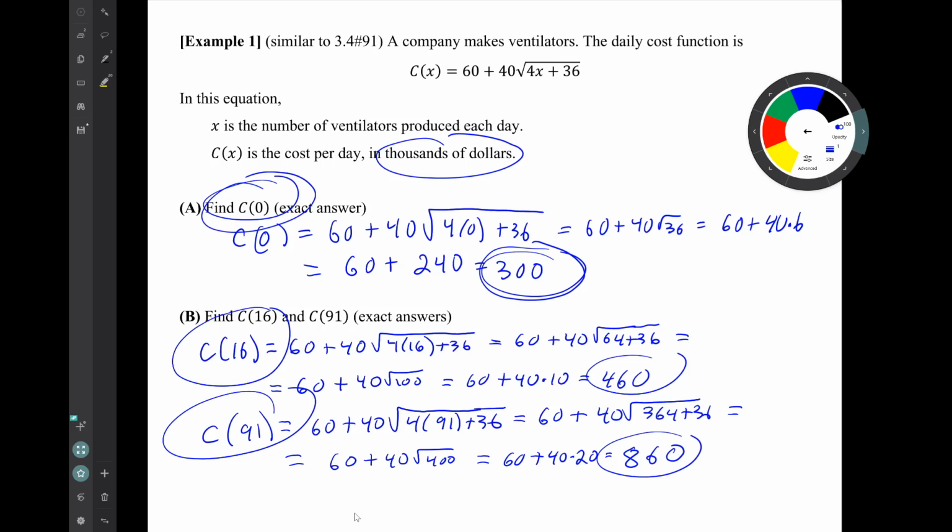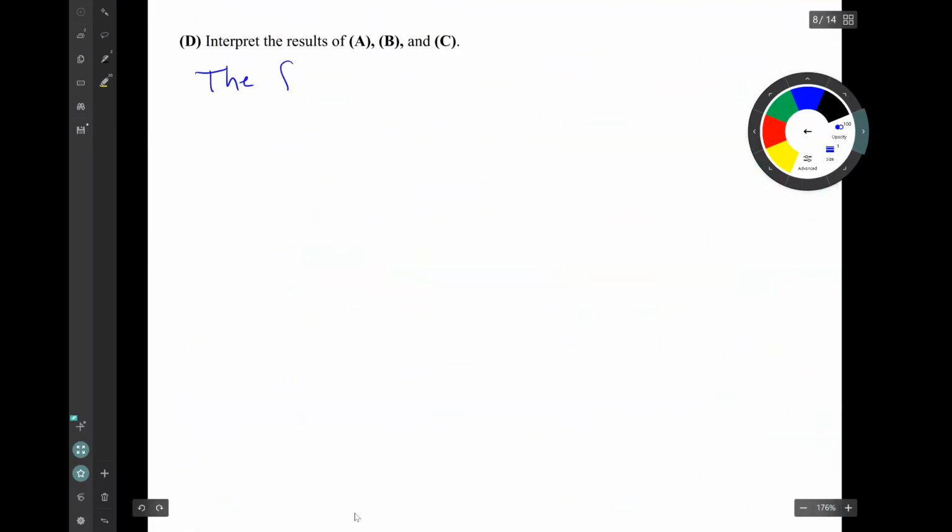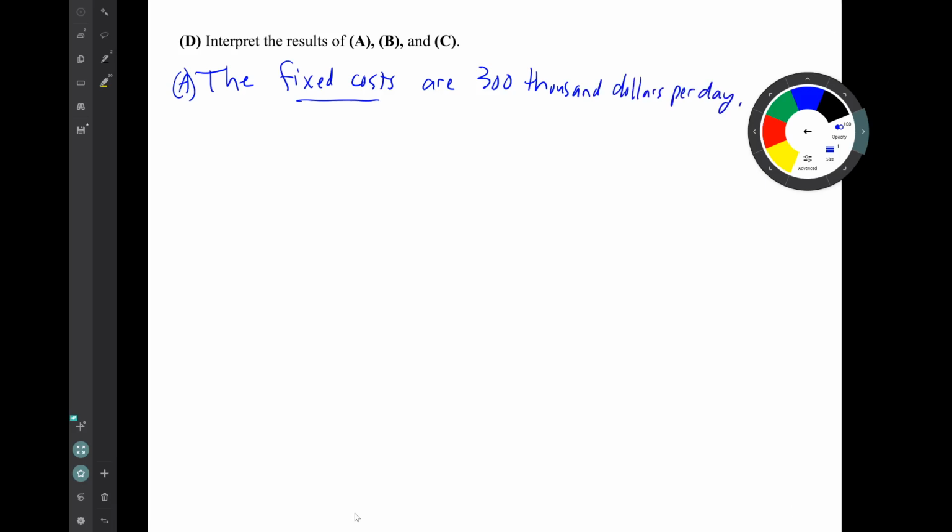It's just the cost for paying payroll, paying building rent, whatever other costs the company has that don't depend on how many ventilators they made each day. So the fixed costs are $300,000 per day. Now notice that that's units of thousands of dollars.